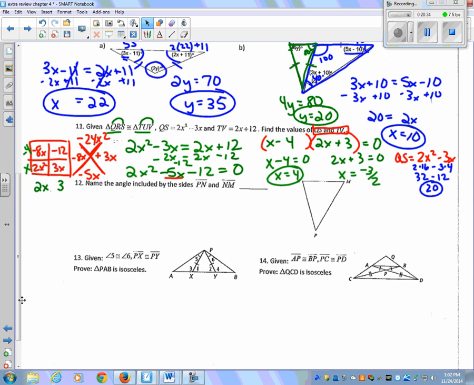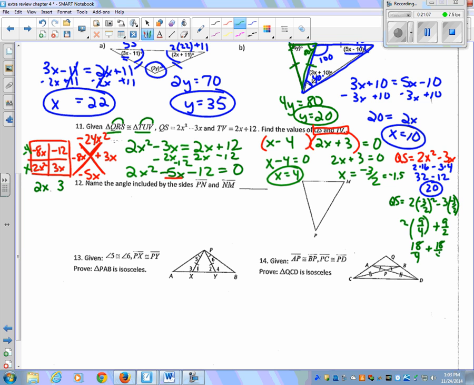If we plug in the same thing, QS, 2 times negative 3 halves squared minus 3 times negative 3 halves, you could plug negative 1.5 in to your calculator if you'd rather do that. But if I square this, I'm going to get positive 9/4 times 2 is 18/4, plus positive 9/2, which is another 18/4. So that gives me 36/4 or 9.